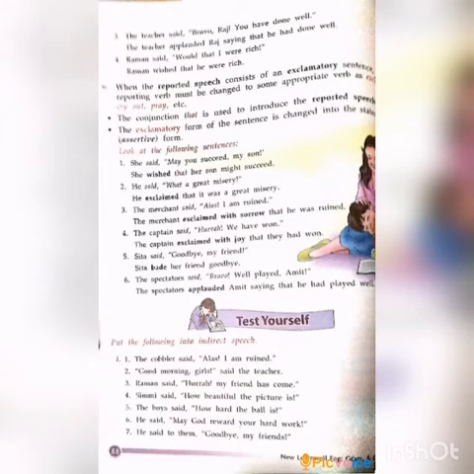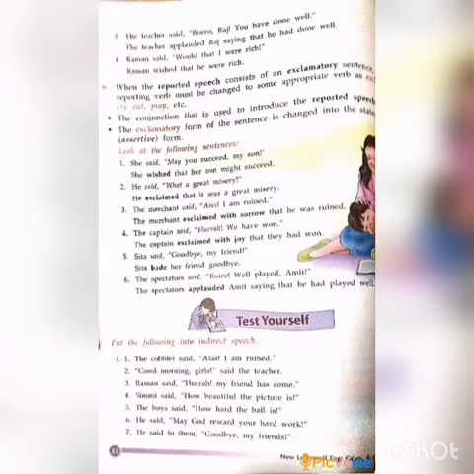The teacher said, "Bravo, Raj, you have done well." Here we should change it to: the teacher applauded Raj, saying that he had done well. And fourth one: Raman said, "Would that I were rich." Here Raman wished that he were rich.